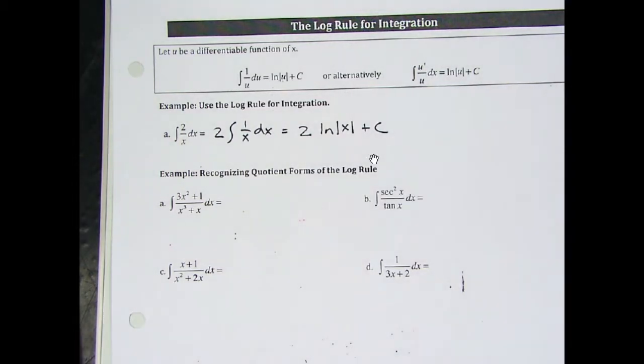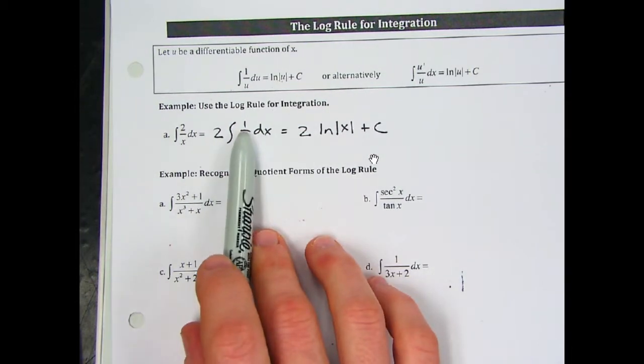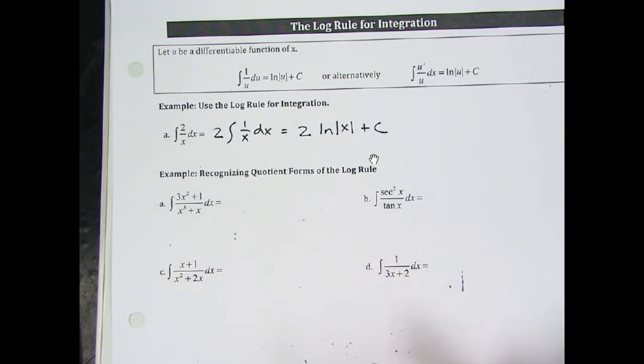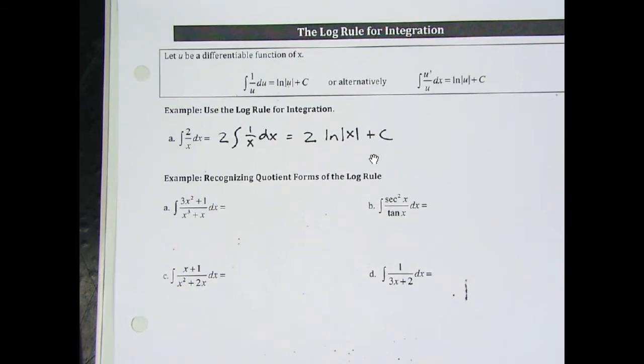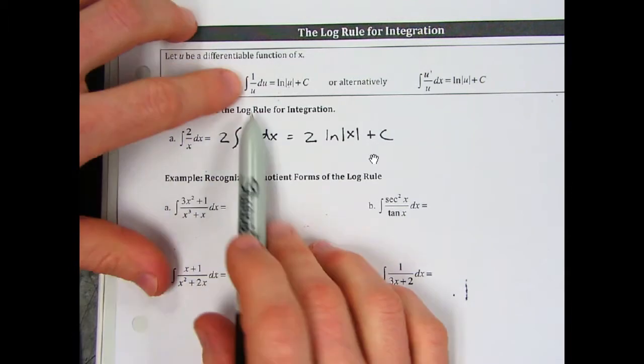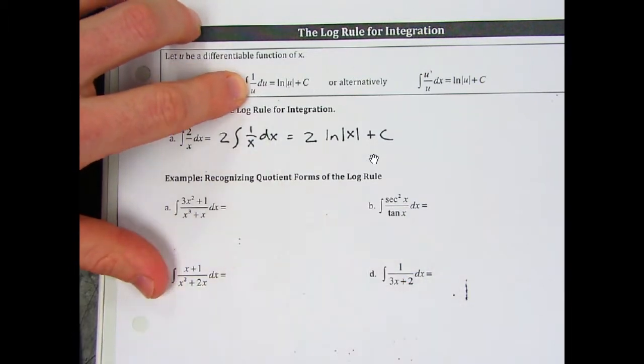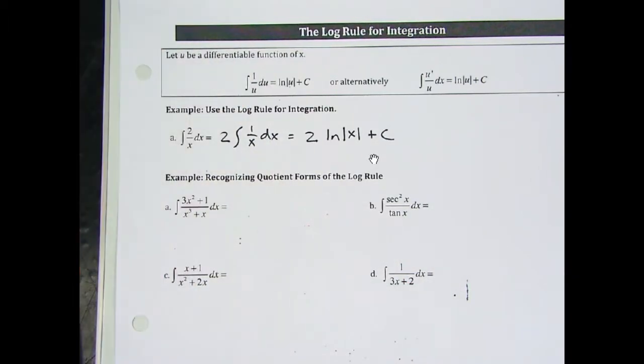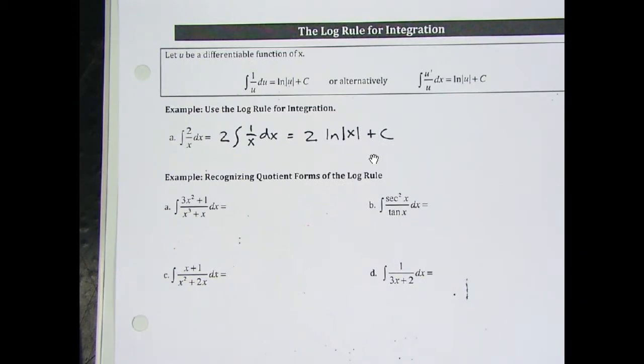So 1 over x turns into... u is x. See how it's 1 over u? Natural log of x turns into 1 over x, and just back and forth. Yeah, because it's 1, so it doesn't matter.